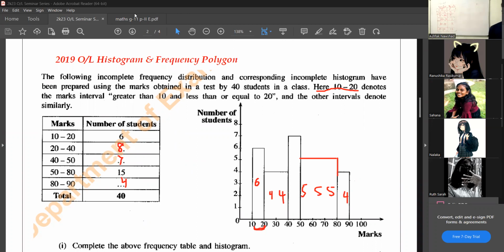Let me know the number of students who obtain more than 40 marks. How many students obtain more than 40 marks? Yes, that's 26. More than 40: 40 to 50, there's 7, and 50 to 80, there's 15, and then another 4. So the addition would be 26.